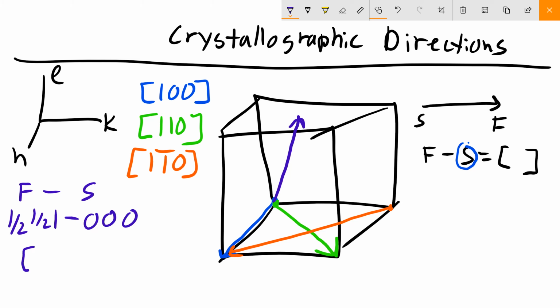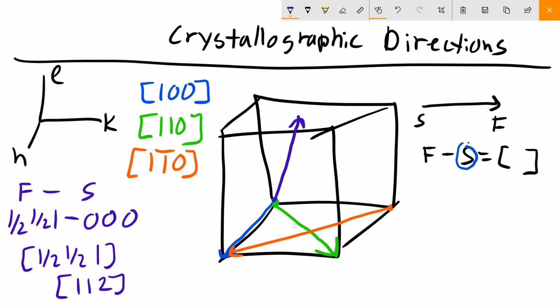You might be tempted to write your direction as 1/2, 1, but with Miller indices notation, when defining crystallographic directions, we want to multiply out and get integer values. So this will actually be the [1 1 2] direction, just multiplying by 2. That's it.